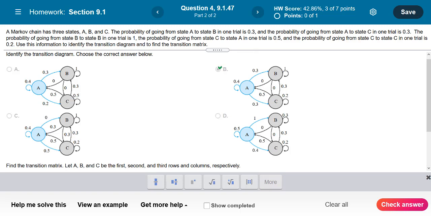And finally, on our third row, we're going from C to A. Here's the line from C to A. That would be a 0.5. We're going from C to B. Here's that line. That's a 0.3. And then from C to C.